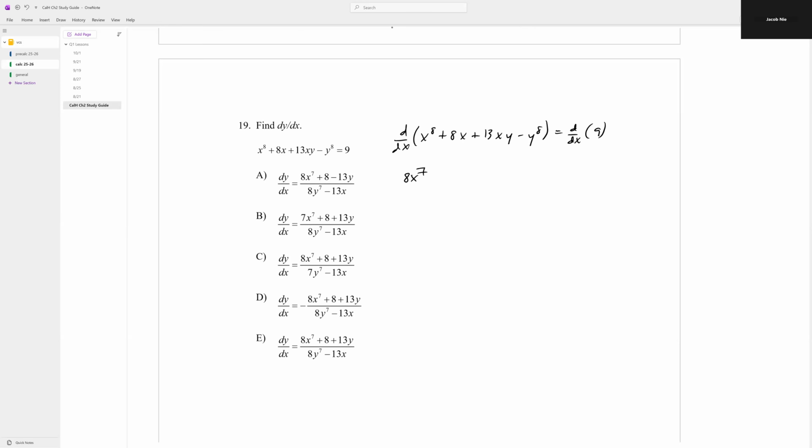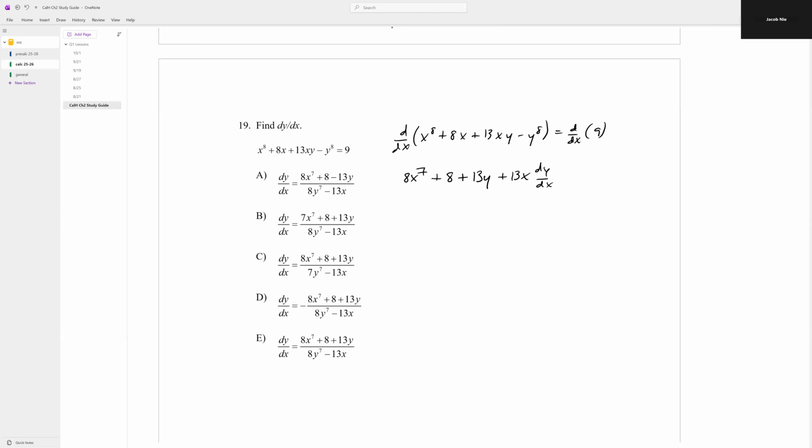The derivative of 8x is 8. Derivative of 13xy, that's a little tricky. We're going to have to use product rule here. Derivative of x is 1, so 13y plus 13x times the derivative of y, dy dx.